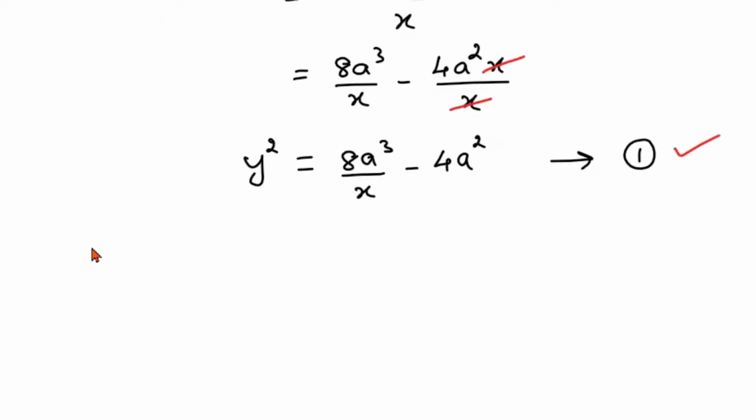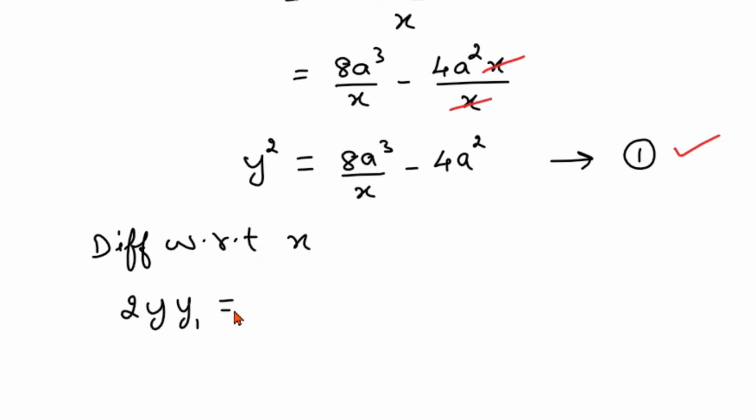We'll differentiate this with respect to x. The derivative of y square will be 2 times y times the derivative of y, dy by dx, which we can write as y1. On the right hand side, 8a cube we write as it is, and the differentiation of 1 by x will be minus 1 by x square.